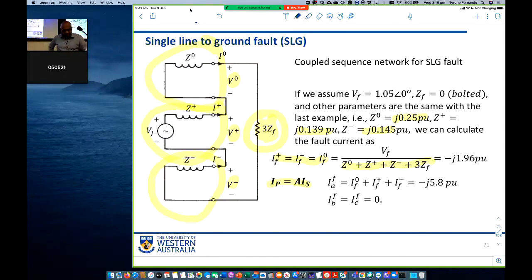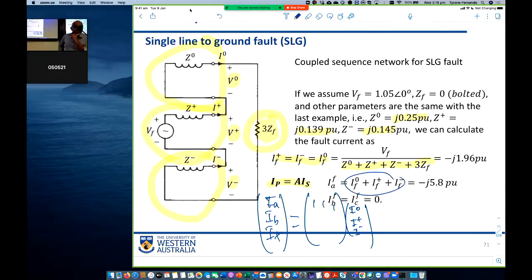Why? Because this is IA, this is IB, this is IC, and it must equal matrix A, which is 1, 1, 1, times the zero, positive and negative sequence currents. So IA is just the sum of the sequence currents. So it's 3 times that, and that is IAF.